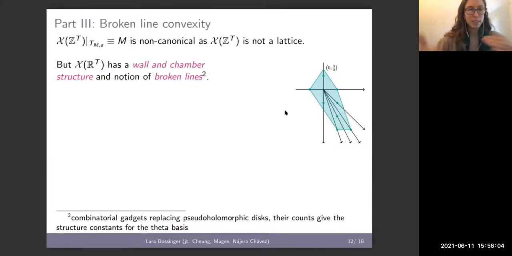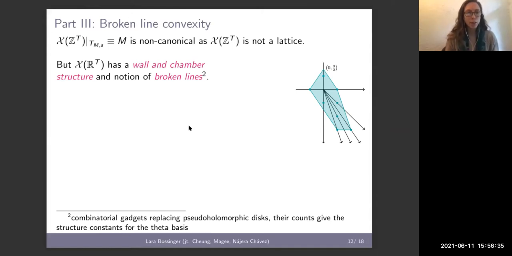I have mentioned this already before, and I tried to outline a bit the structure that these X tropical spaces have. So I mentioned these identifications with the lattice, of course, are non-canonical, because the X tropical spaces are not lattices, the integer tropical points in them, but they have a wall and chamber structure. They are actually integral affine manifolds, if this means anything to you. But the wall and chamber structure is essentially the most important ingredient we have.